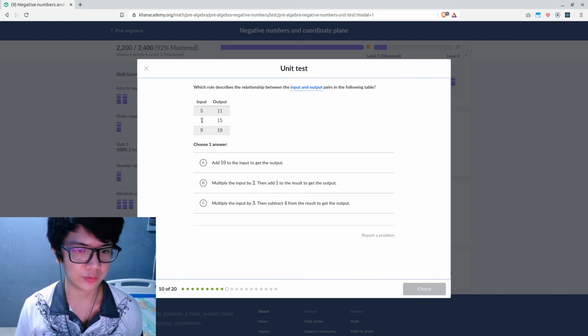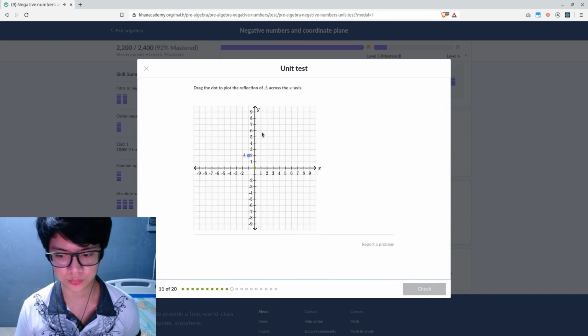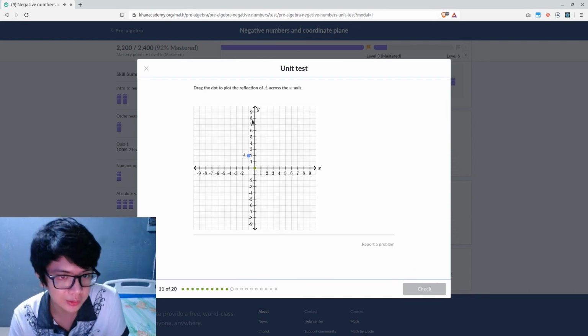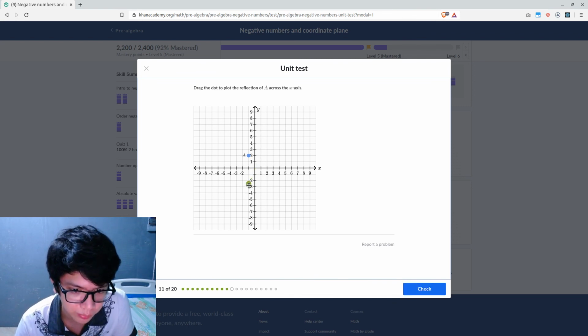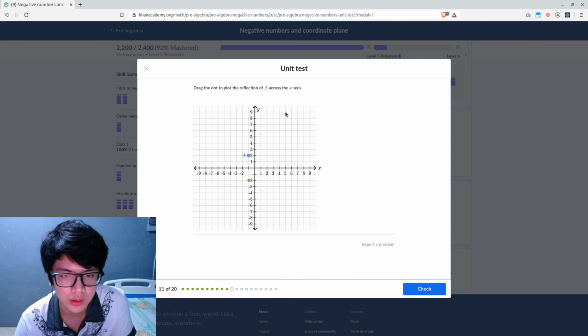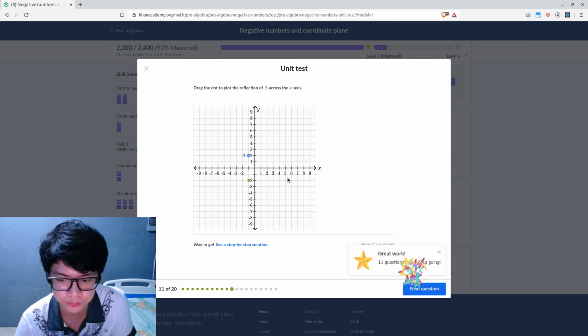Okay, 10. Yeah, cool. Drag the dot to plot the reflection of A across the x-axis. Okay, you're gonna be here. -2 actually. 1, 2. X-axis. Cool.